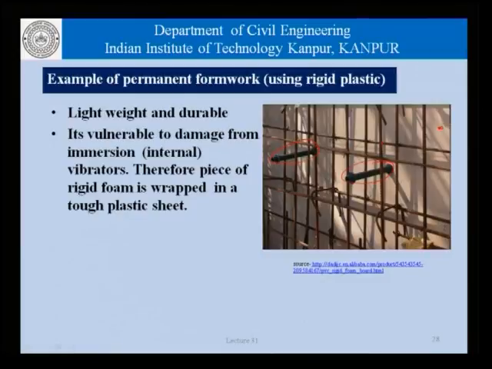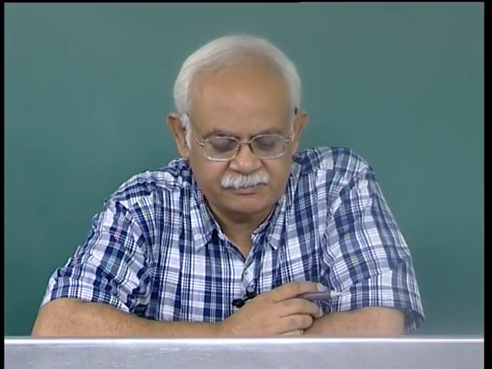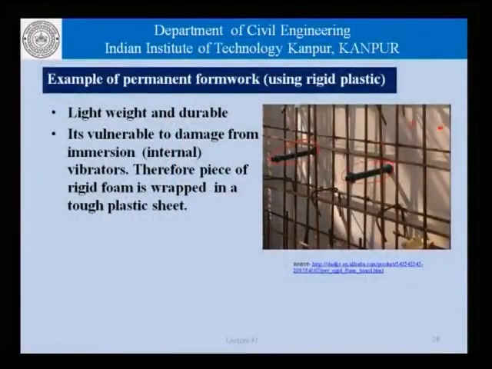So, if we are casting the concrete against this kind of formwork and we use internal vibrators, those vibrators will obviously impact the formwork sheets as well, and therefore, unless the sheets are strong enough to be able to withstand that vibrator impact, the formwork sheets are likely to be damaged, and that is something which we need to be careful about, either by choosing the concrete that we use properly.